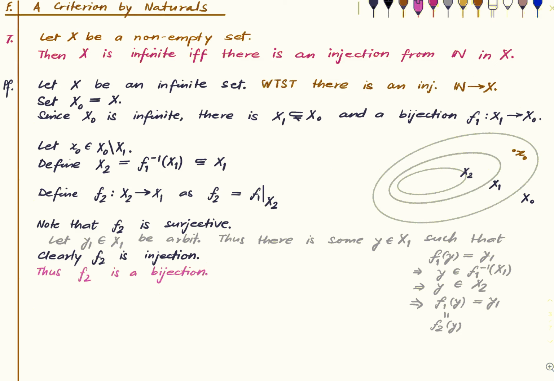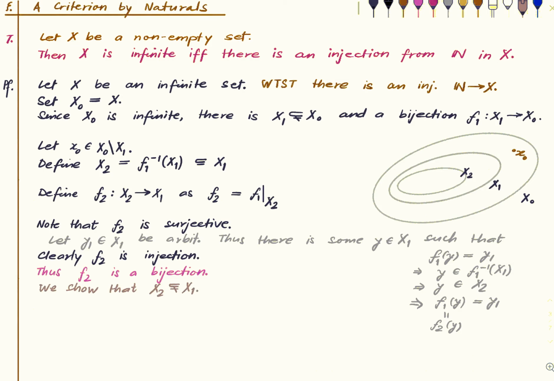Finally, we want to show that X2 is a proper subset of X1. This is a most important step. So now we show that X2 is properly contained in X1.